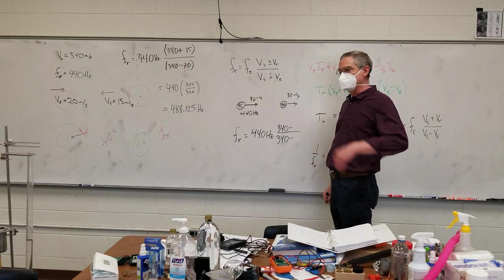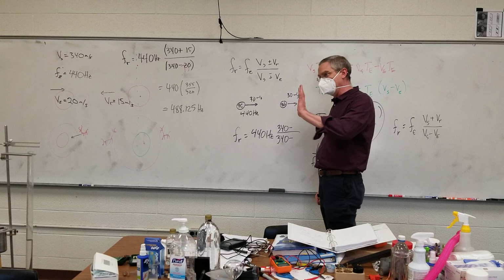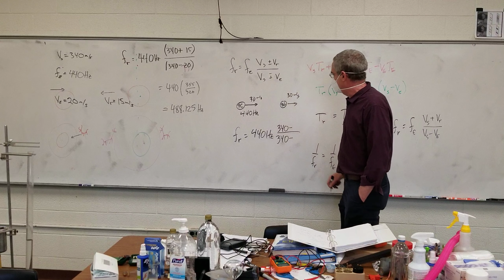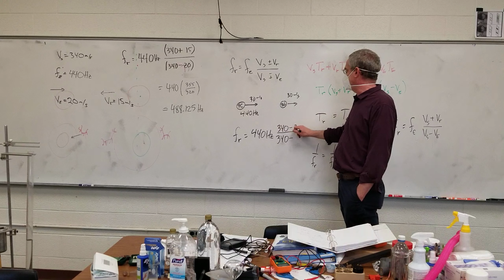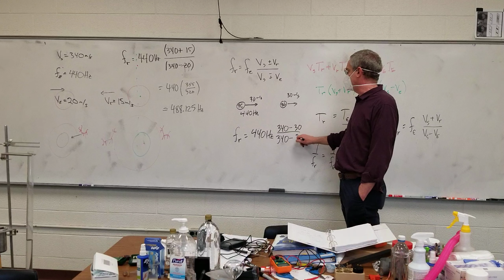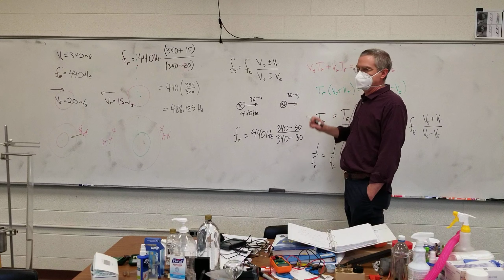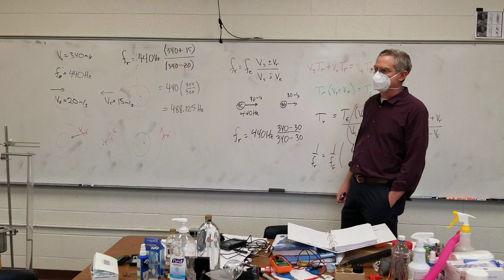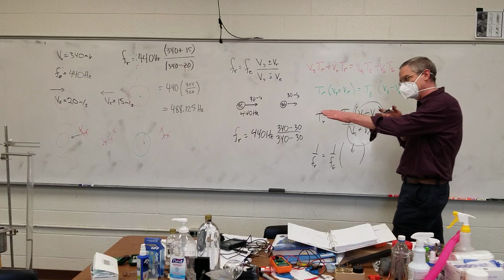In the scenario when the emitter was getting closer, it was minus. Oh, okay. So 340 minus 30 over 340 minus 30. So what will the bad guy hear? 440. It won't change, if they're traveling the same speed.